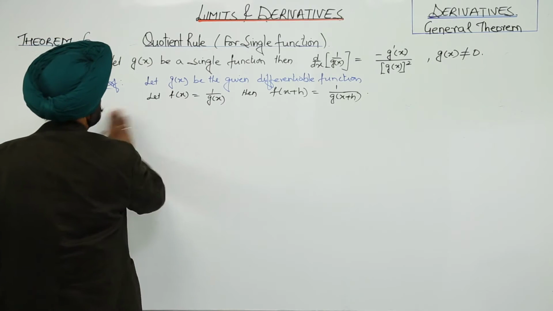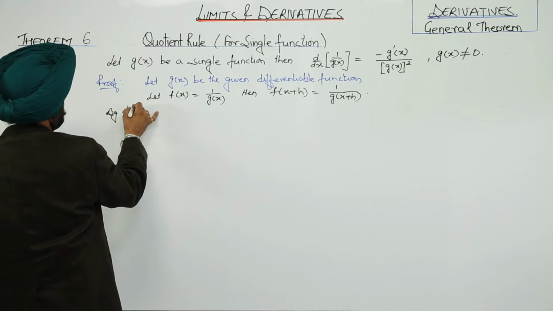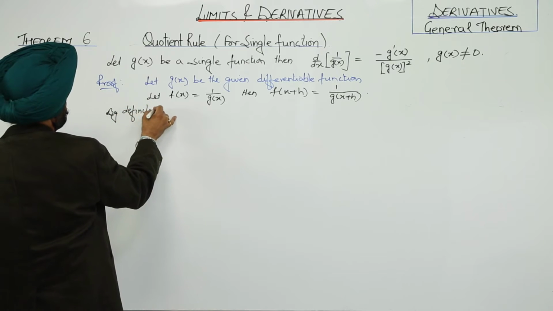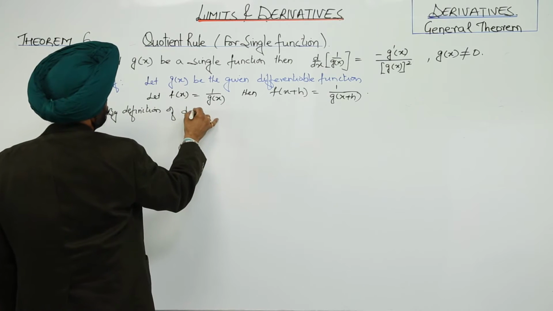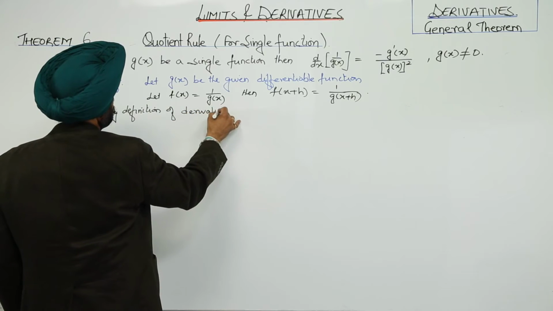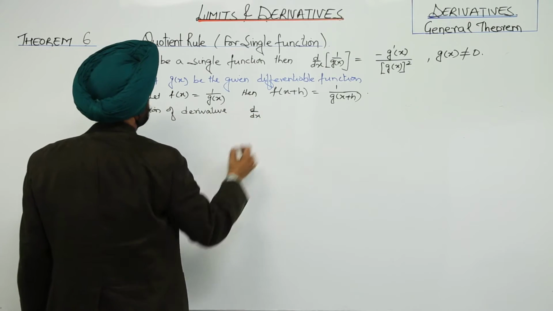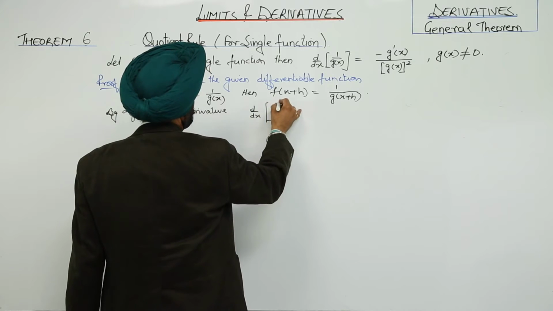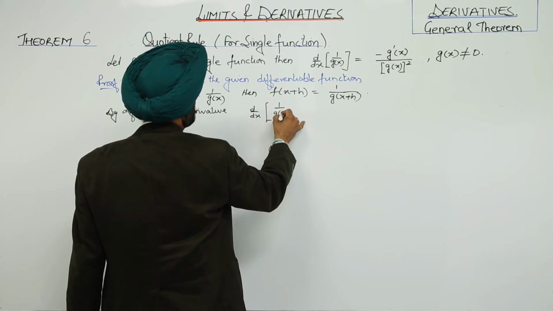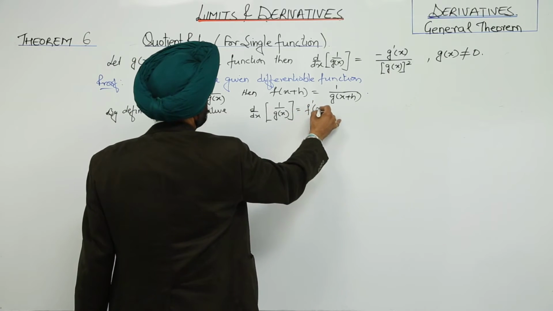Now by definition of derivative, d by dx of 1 upon g(x) is equal to f derivative x.